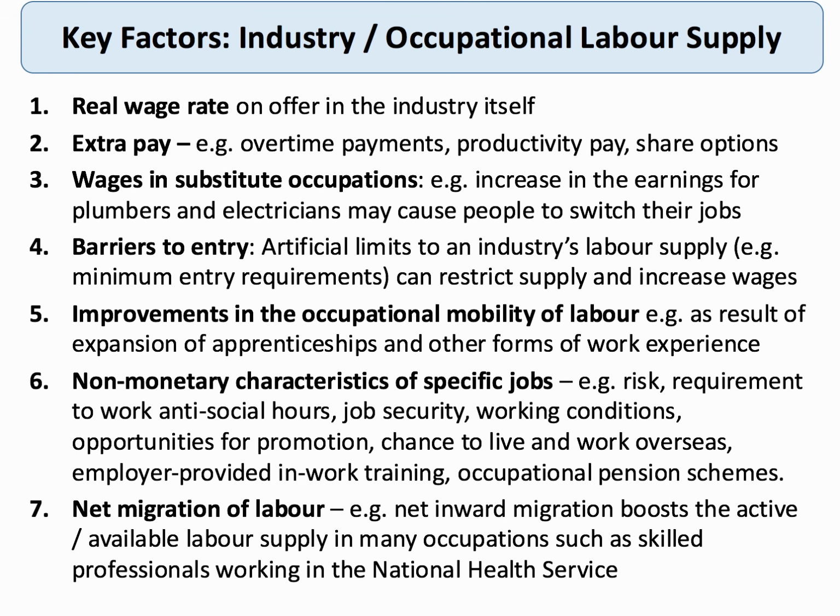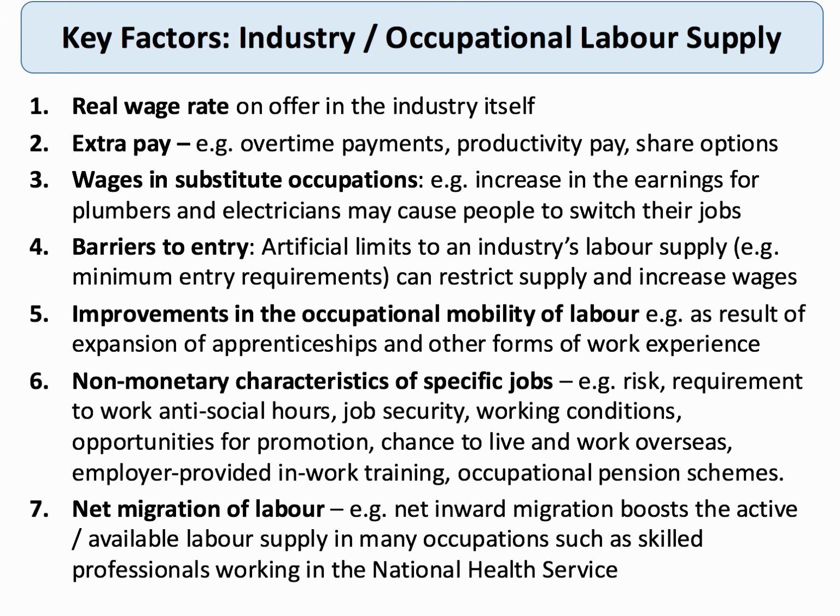Another factor affecting labour supply is the extent to which the labour force is occupationally mobile. So if people have flexible skills, flexible experience and aptitudes, and if their human capital is boosted by effective high quality internships and apprenticeships, other forms of work experience, then labour mobility can increase, and that increases the potential pool of workers into a given job.